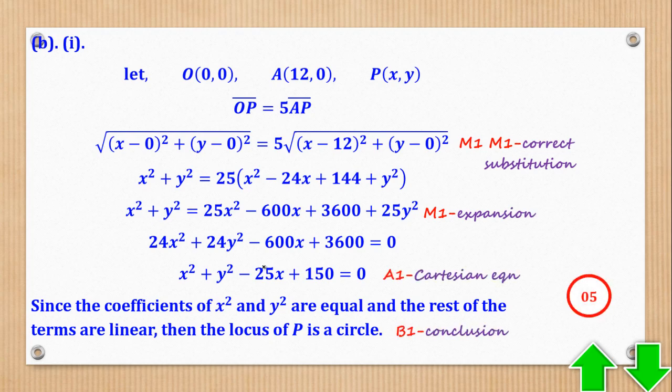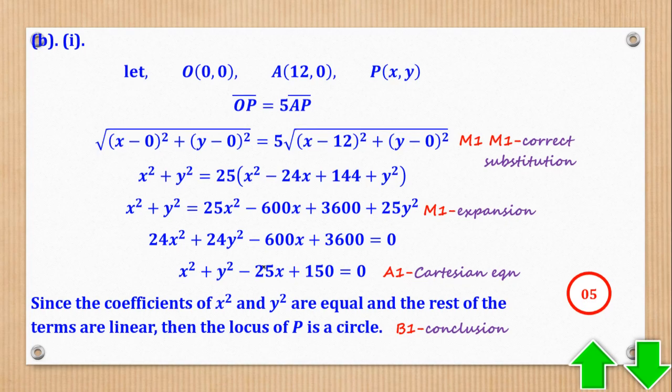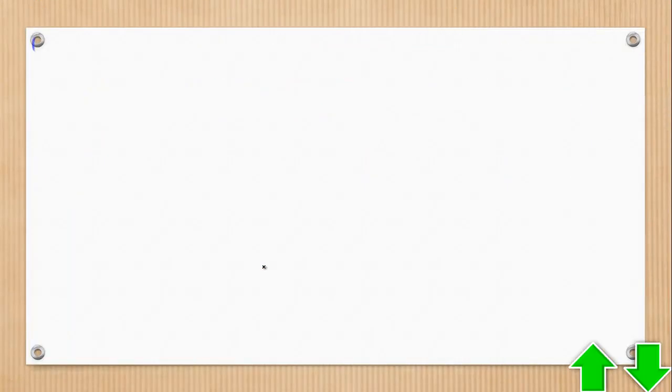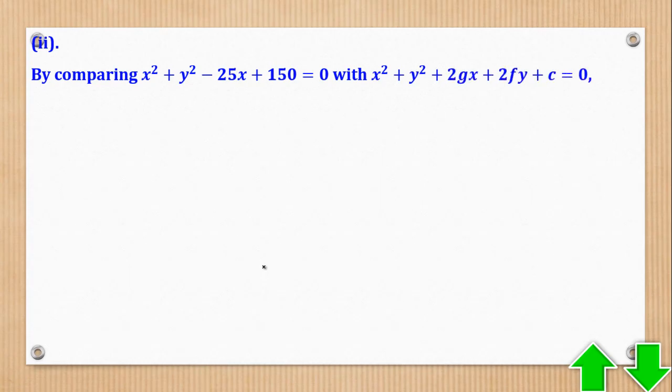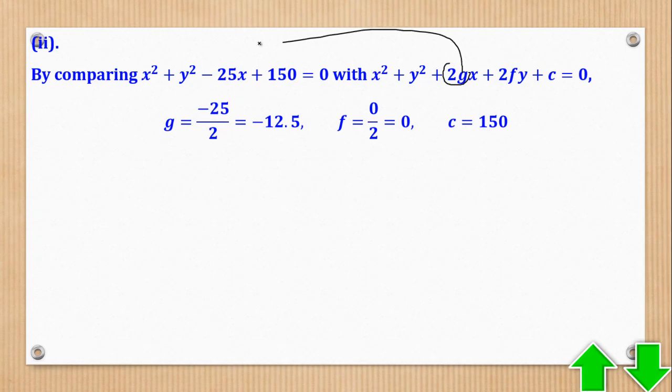Then they want the radius and center. So by comparing with the general equation of a circle, you realize that g is, remember this is 2g being equal to negative 25, so g is negative 25 over 2. F here, there's no y here, so that means it is 0, so 0 over 2 is 0.